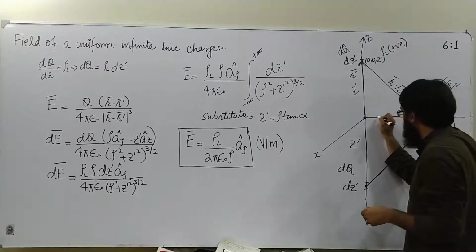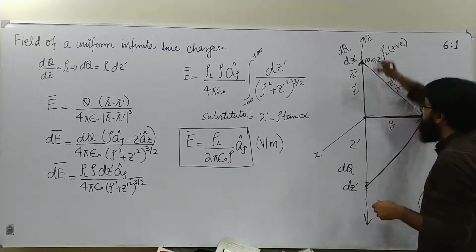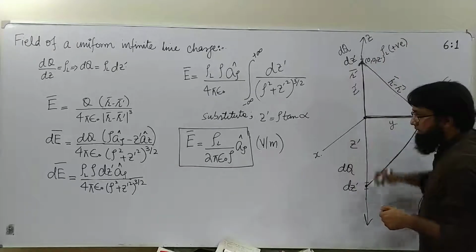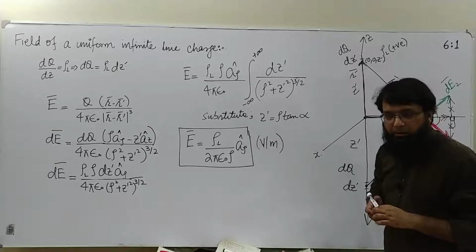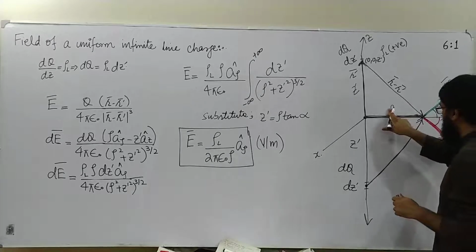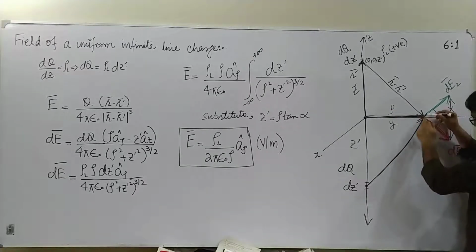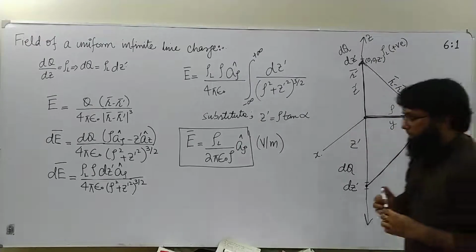Rho is nothing but the radius of the cylinder. That was the reason why we took the infinite line charge on the z-axis, so that the line charge would become the central axis of the cylinder. The perpendicular distance between the field point and the line charge is rho.